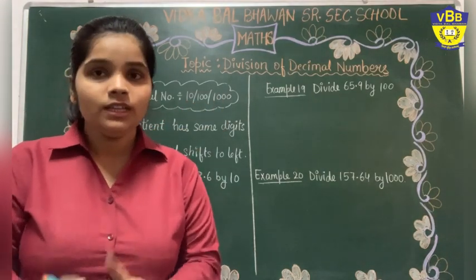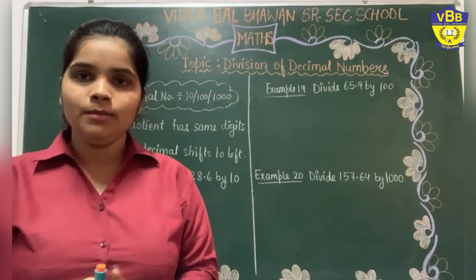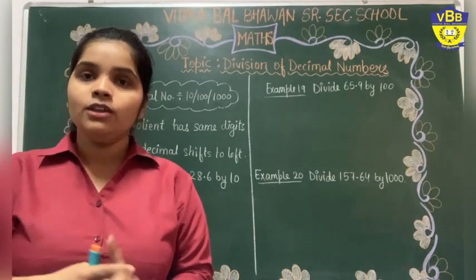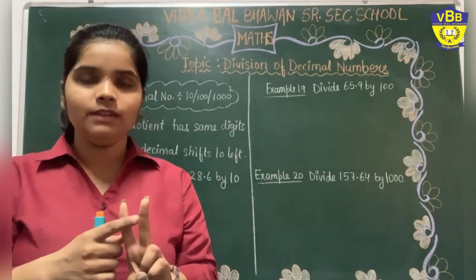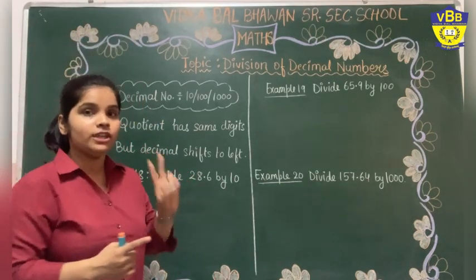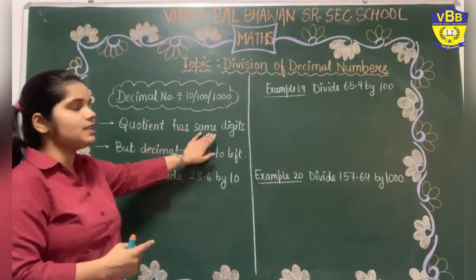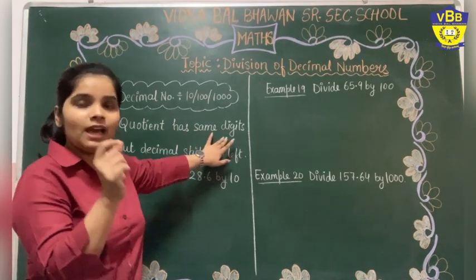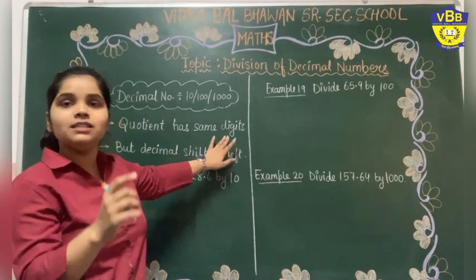When you divide a decimal number by 10, 100 or 1000, you have to keep two things in mind. First, the quotient will have the same digits as the decimal number.